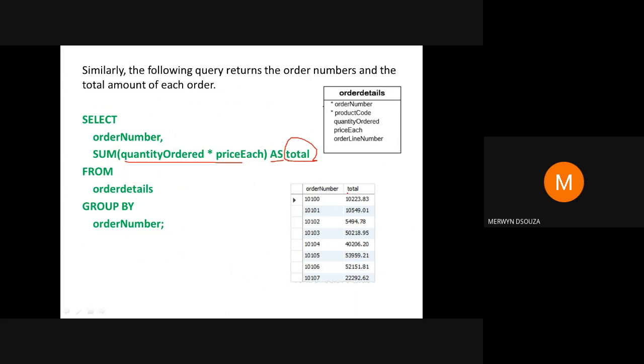So we are replacing that with total. This total represents quantity ordered into price each, and it is displayed against the order number.